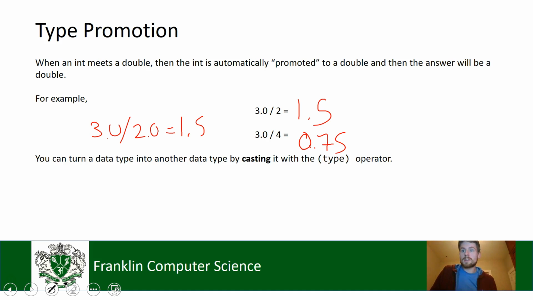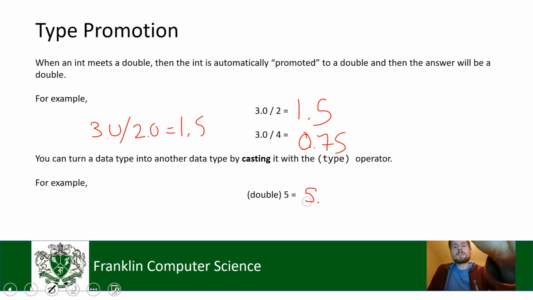And you can always turn a data type into another data type through what's called casting. That's where you say, okay, make a mold of the data type you want, and you put that in parentheses in front of whatever data you've got, and it converts that data into that new type. So for example, if you put double in parentheses in front of an int, that's going to turn it into a double, 5.0.